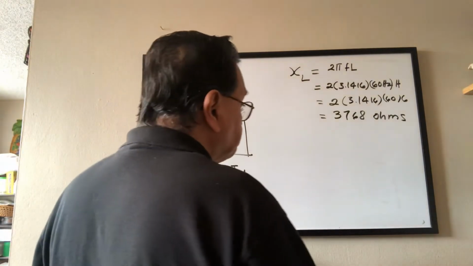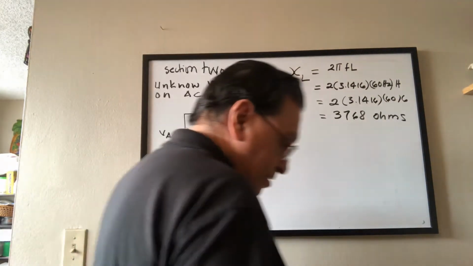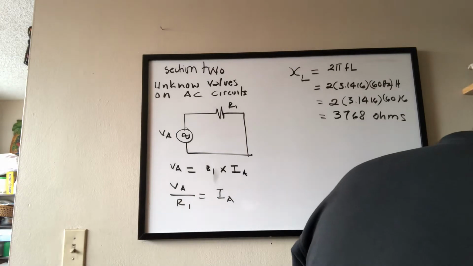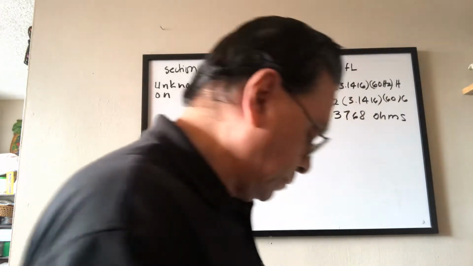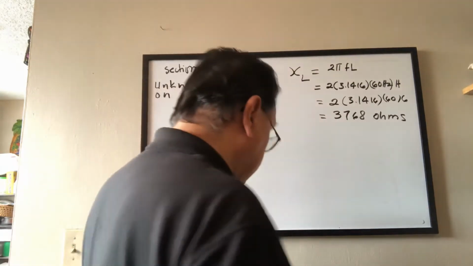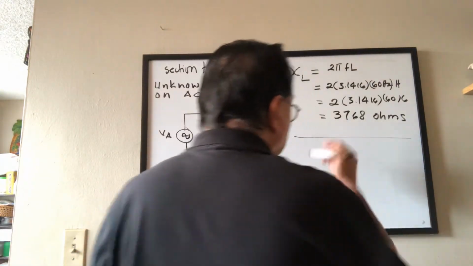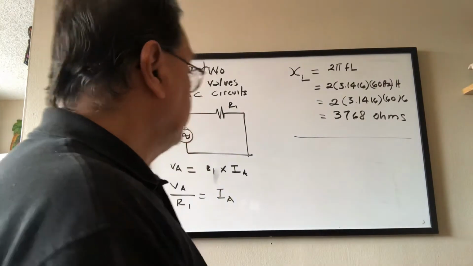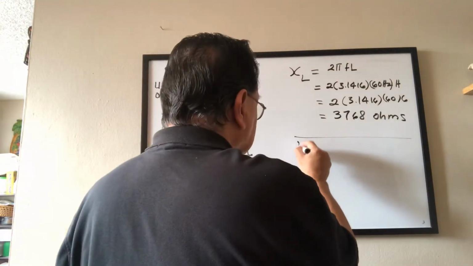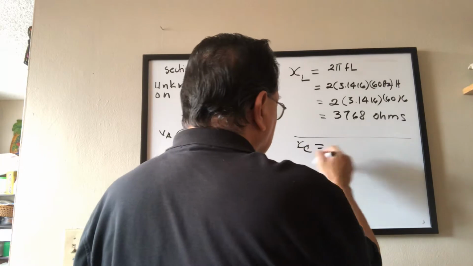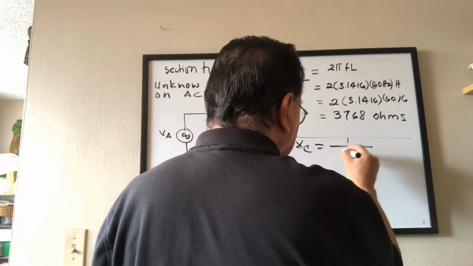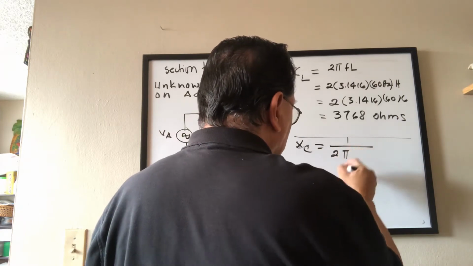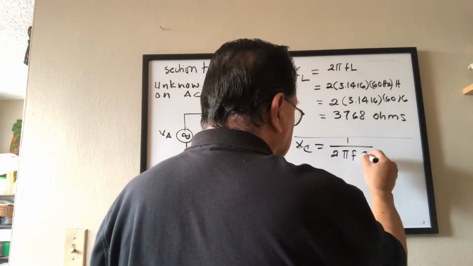That is the inductance. In a capacitance, the opposition, the ohms presented to the source voltage by a capacitance, is calculated by XC equal to 1 divided by 2 times the constant pi times the frequency times the capacitance.